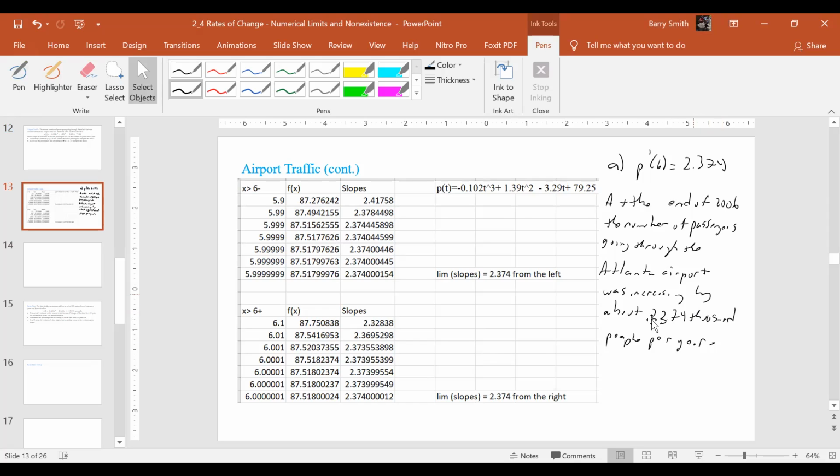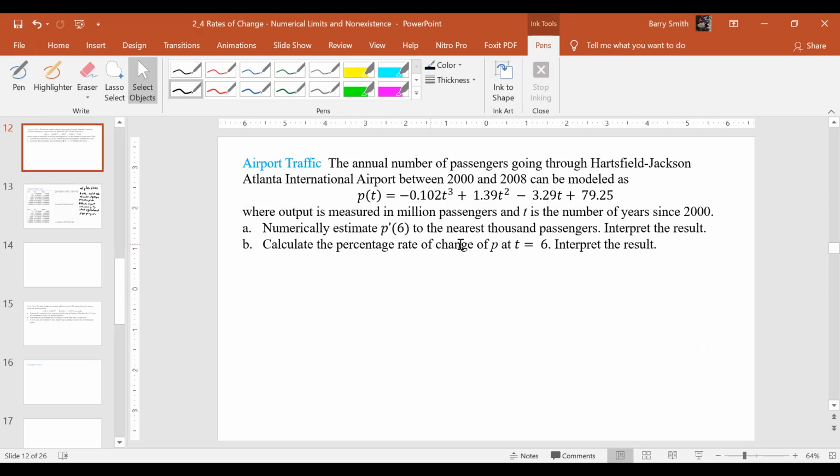Okay, so what's the next one say? Calculate the percent rate of change of P at t equals 6 and interpret the results. All right, let's go ahead and write that one here. So for B, the percent rate is going to be equal to, remember, just our P'(6) over what the P(6) was, and then times 100%. If we plug all our values in there, what was that?